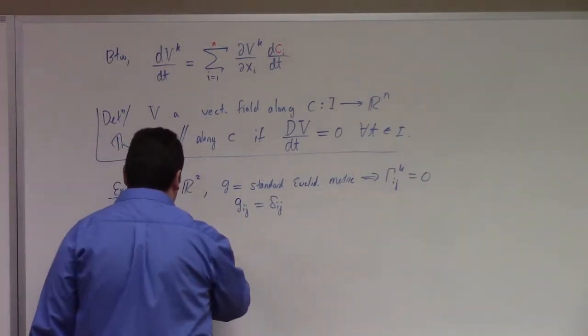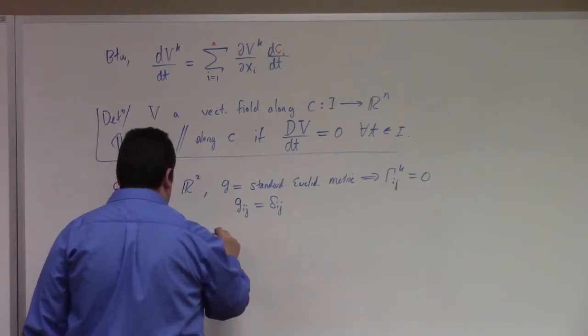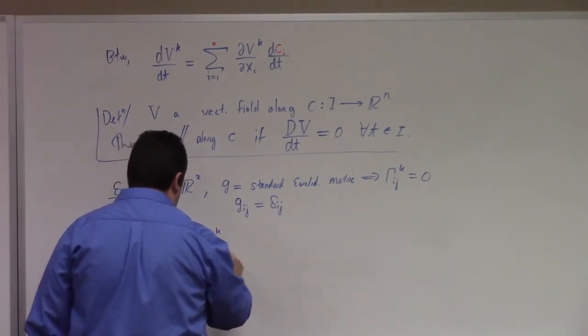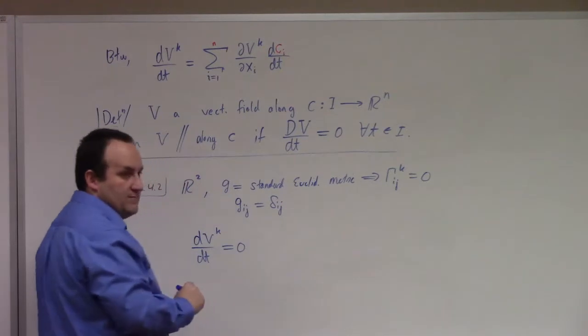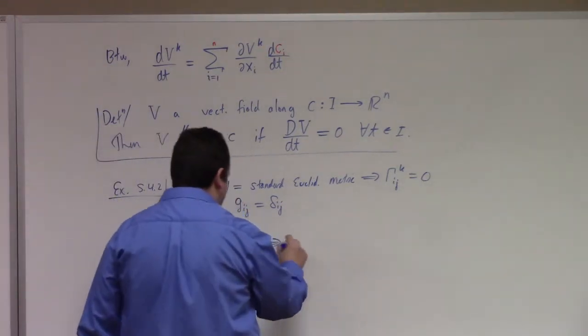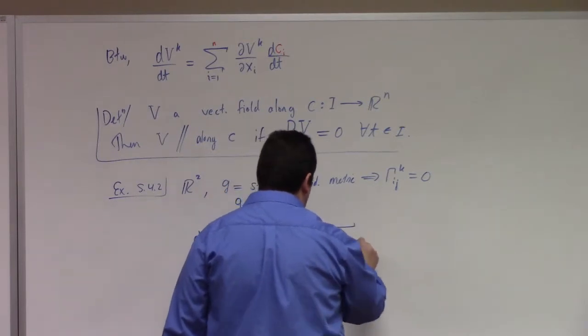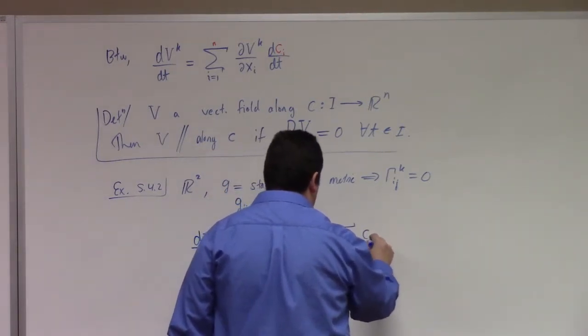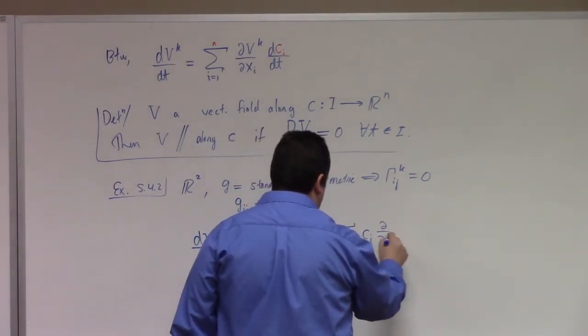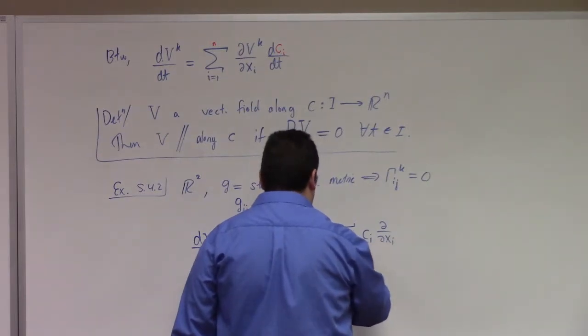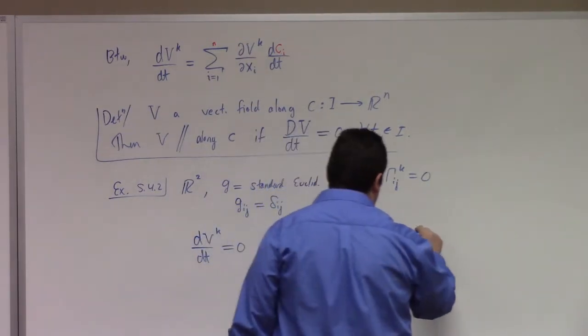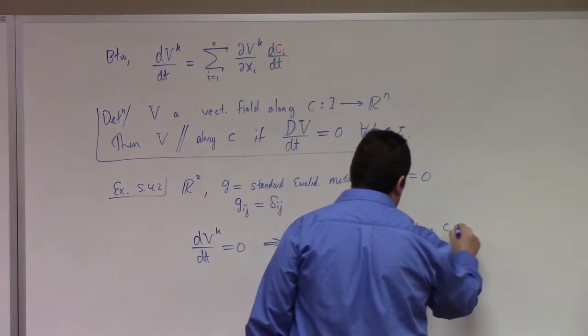We just get dv^k/dt equal to 0, which implies that V equals a sum over i equals 1 to n of c^i partial x^i, where c^i is constant.